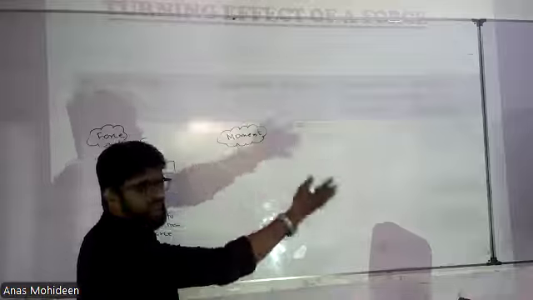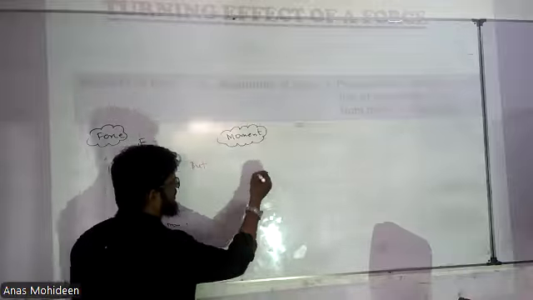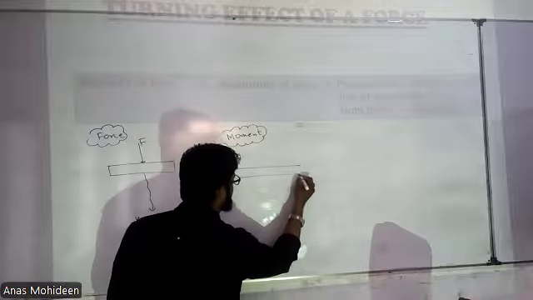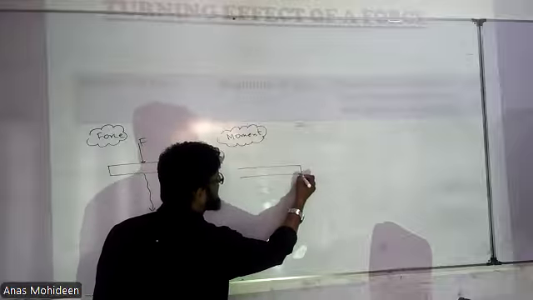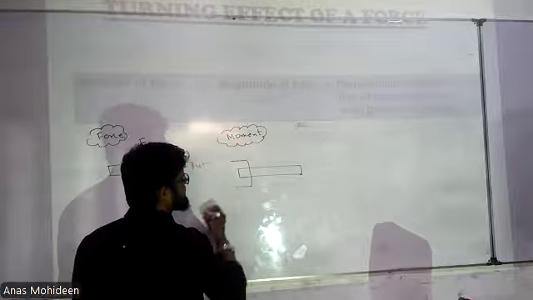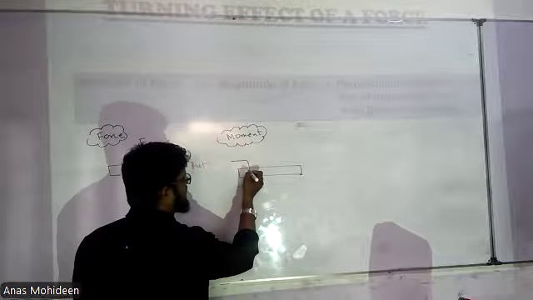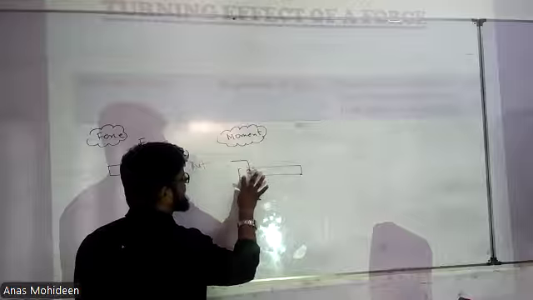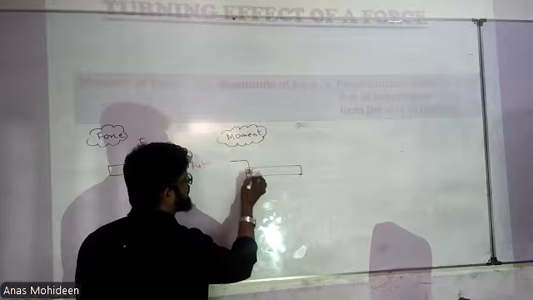It is not just force, but the same rod. I'm going to take it. One end is free and the other end is fixed. Let's say this is the point where it is fixed. It is bolted over there.